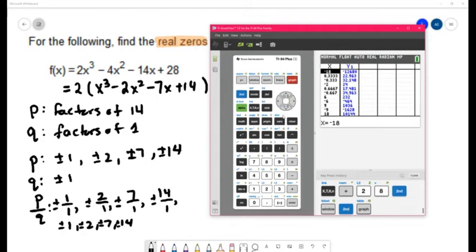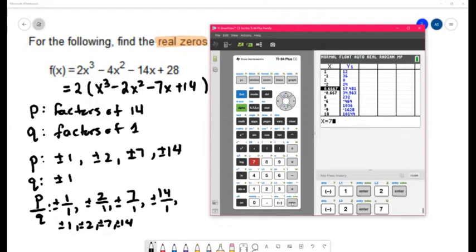I'm going to go to my table and type in some of these potential rational zeros. So we've got 1, negative 1, 2, and negative 2, and it looks like I've identified one of my zeros as 2.